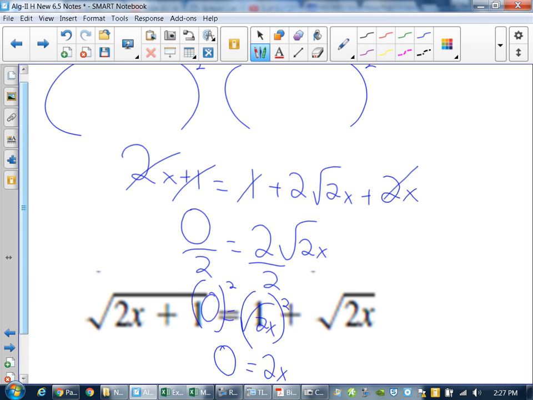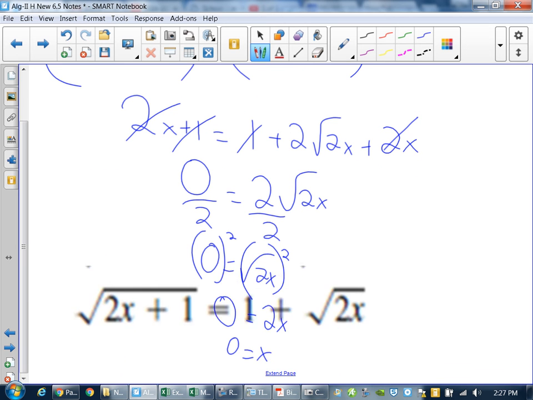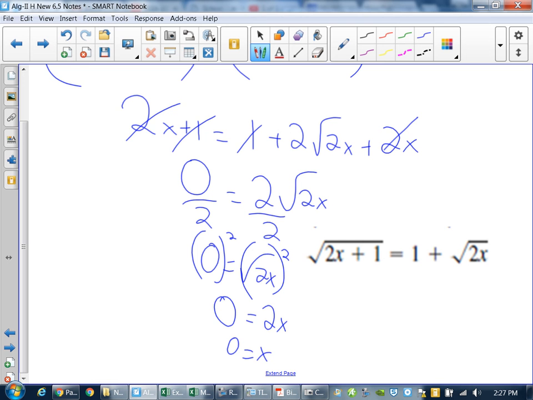You go back and look at this. In order for that to even work, if you start thinking about just your basic perfect squares and stuff, it has to be 0.